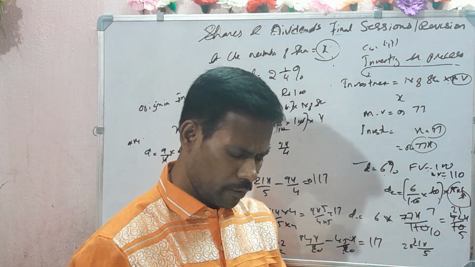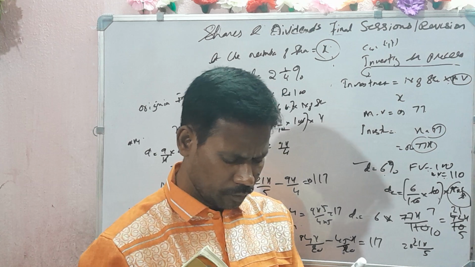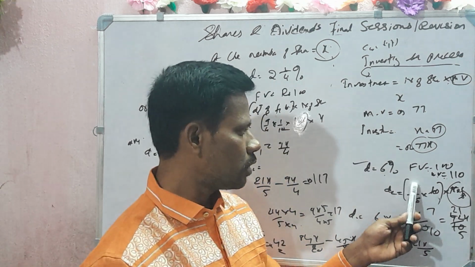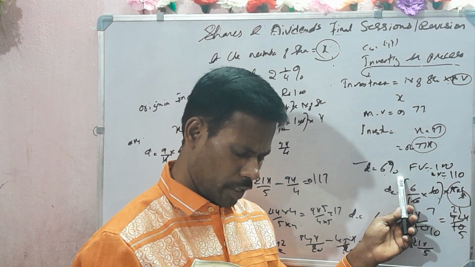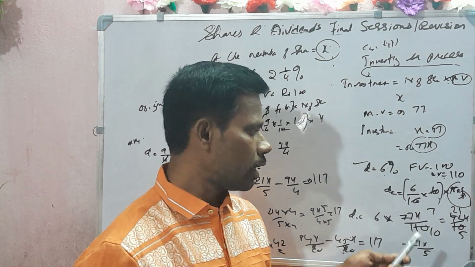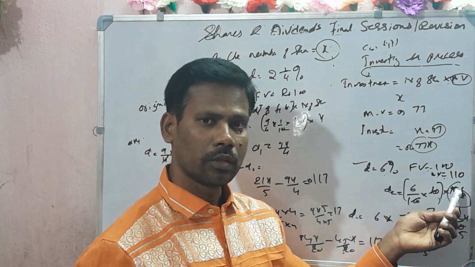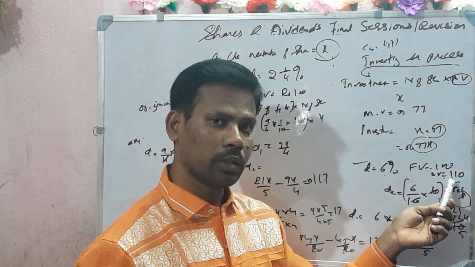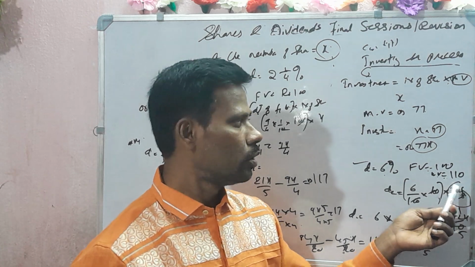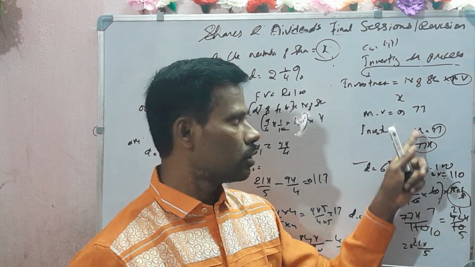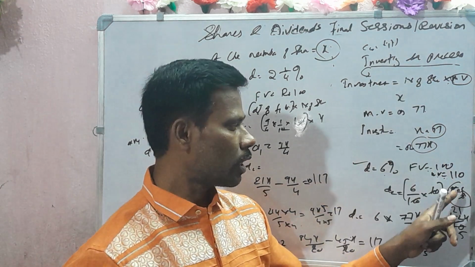So dividend, and investing the proceeds in 6% shares, face value given as 100, selling at 110. So that means this is the market value. So for this second case, market value is 110.